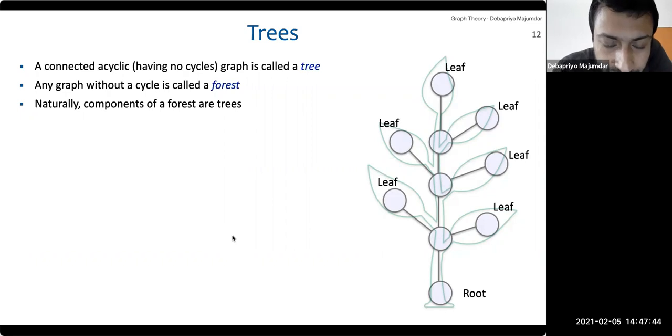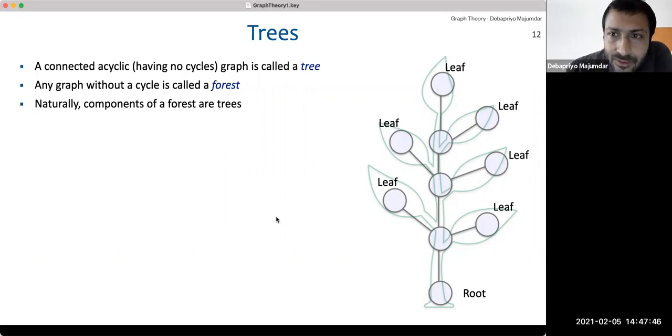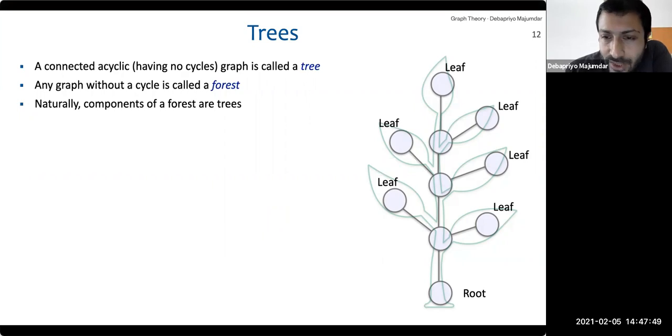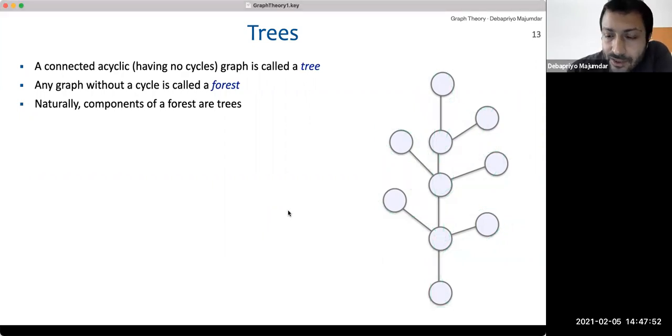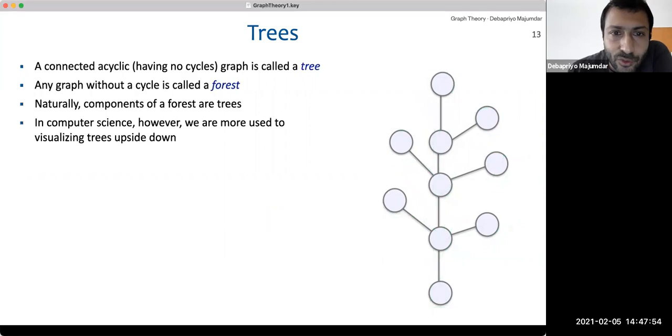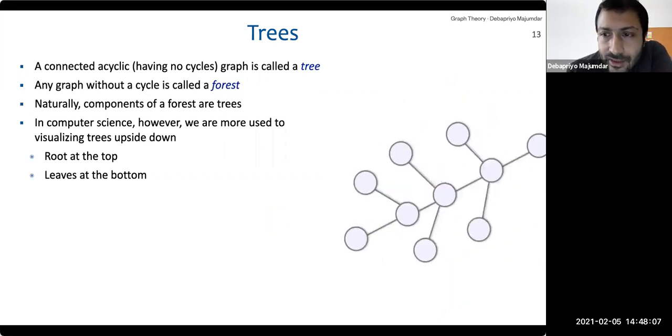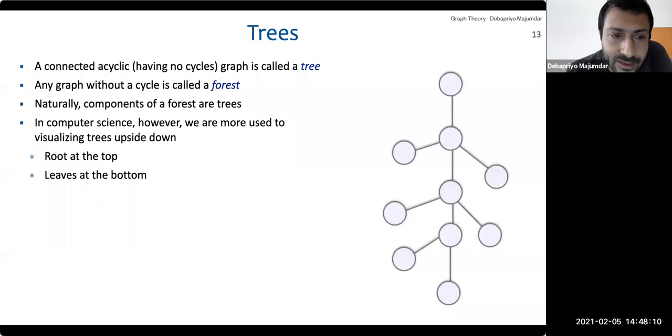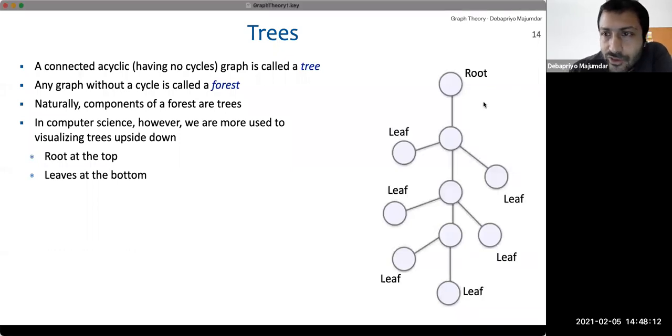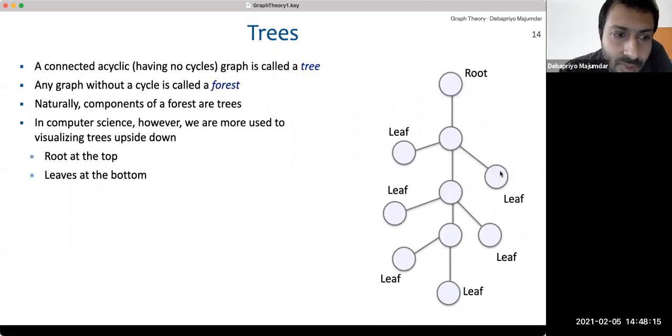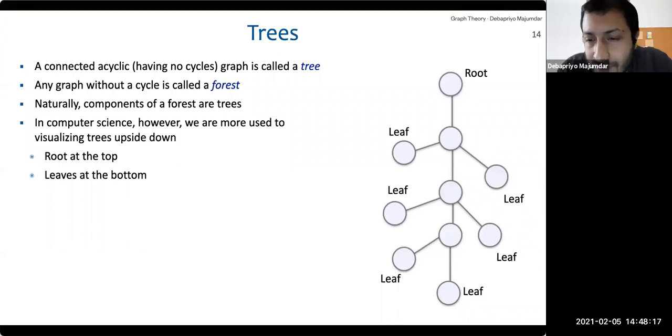In computer science, we are more used to visualizing trees upside down, with the root at the top and leaves at the bottom. So this is the root and these are the leaves. This is what a tree is, a connected acyclic graph.